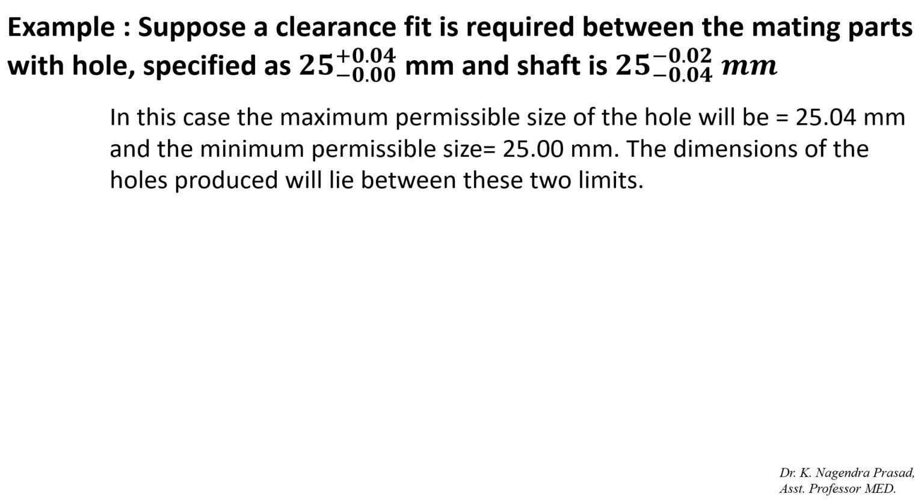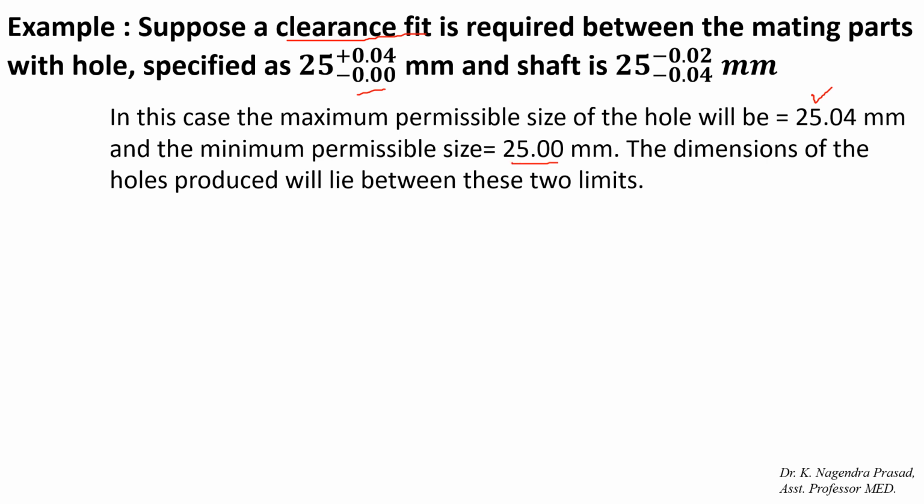So here we require a clearance fit, and the hole and shaft limits are given. In this case, the maximum permissible size of the hole will be 25 plus 0.04, which is 25.04 mm, and the minimum permissible size is 25 minus 0.00, which is 25.00 mm.